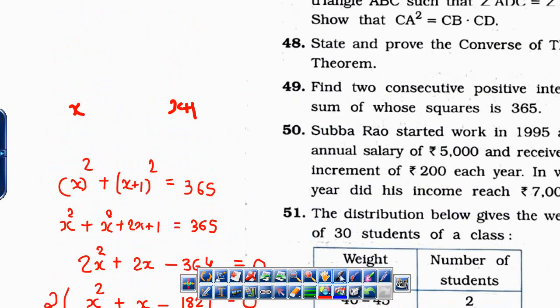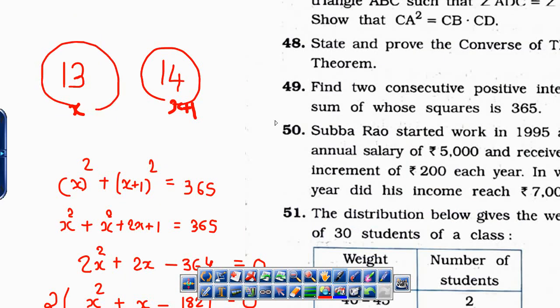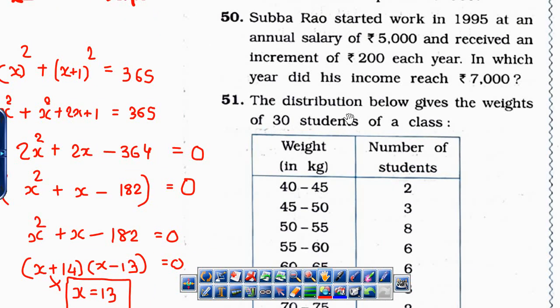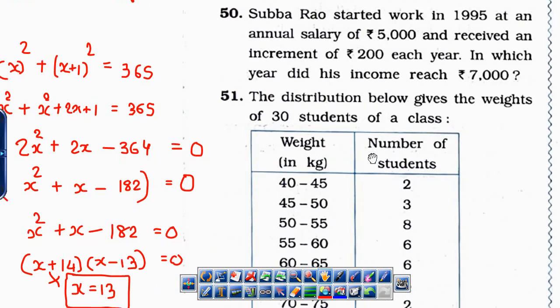Therefore the two consecutive terms are 13 and 13 plus 1, 14, जिसके स्क्वायर का टोटल 365 होता है. This is a textbook sum, so you have to refer the textbook, your fair book, and solve that.